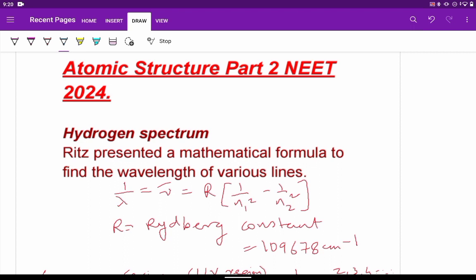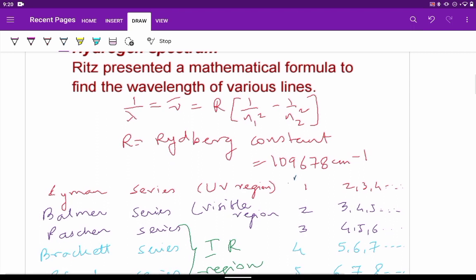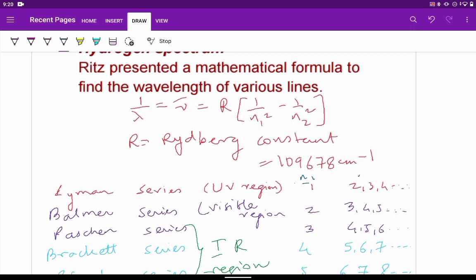Now, all these lines can be divided into some spectral series, which I have listed here. One is the Lyman series, which lies in the ultraviolet region. For the Lyman series, the value of n1 is 1, and these are the values of n2.